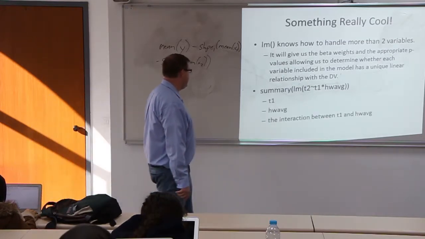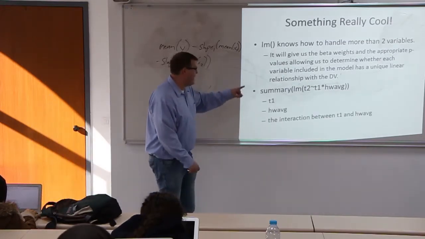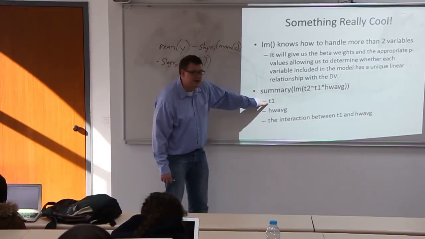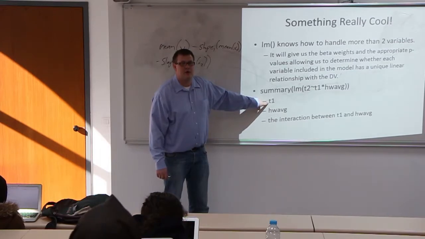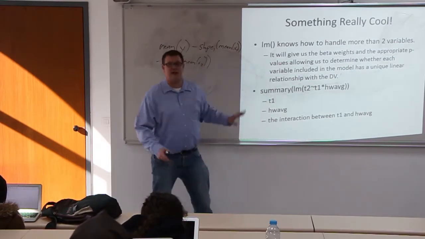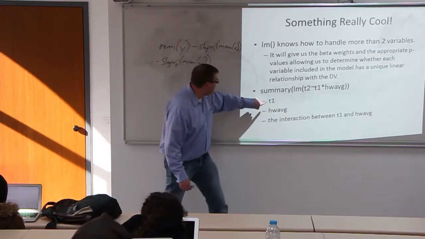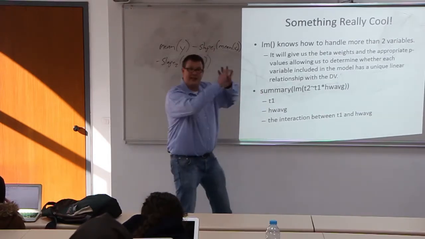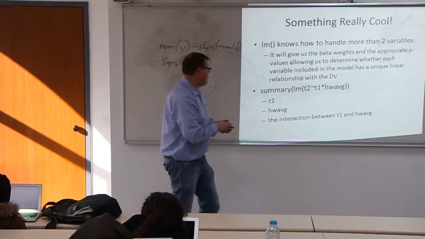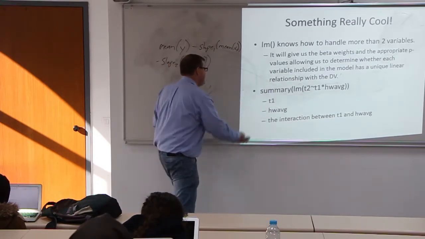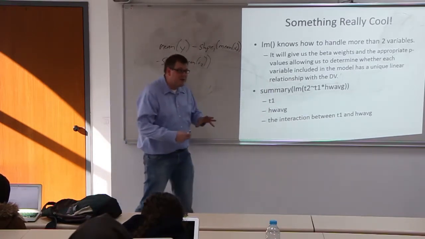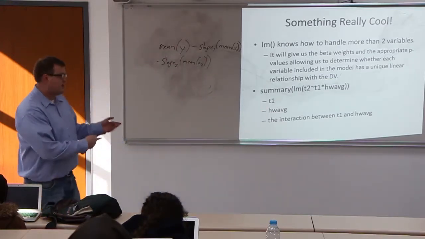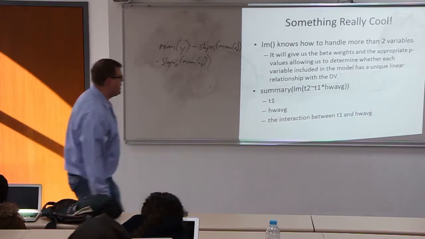So when you do this, we are specifying 3 things, right? We want to get a linear relationship between test 2 and test 1 scores. We want to get, let me say the unique, I'll do it the long way. We want to get the unique linear relationship between what's left of test 2 after accounting for everything else and test 1. We want to do the same thing for homework average. We also want to do it for the interaction now. That's what this linear model is saying. We don't have to write it like this.